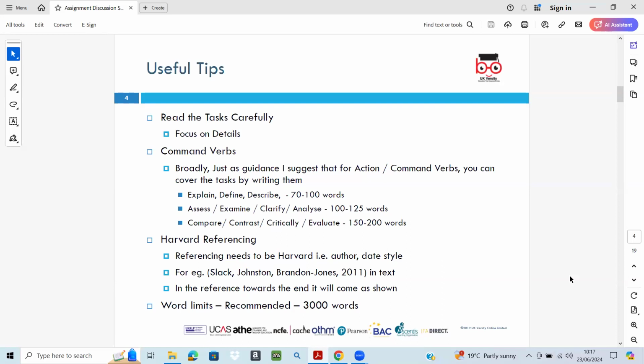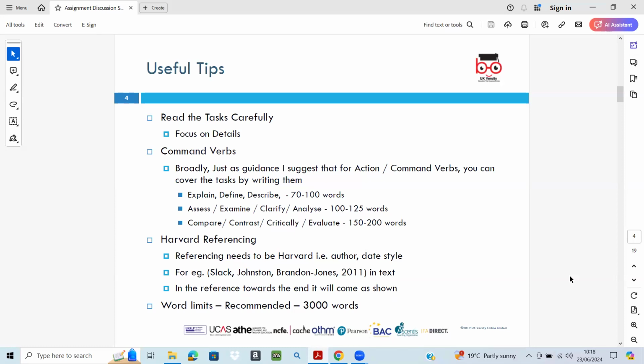So, for example, if they say explain the human growth process, the command verb would be explain, and the keywords are the human growth process.